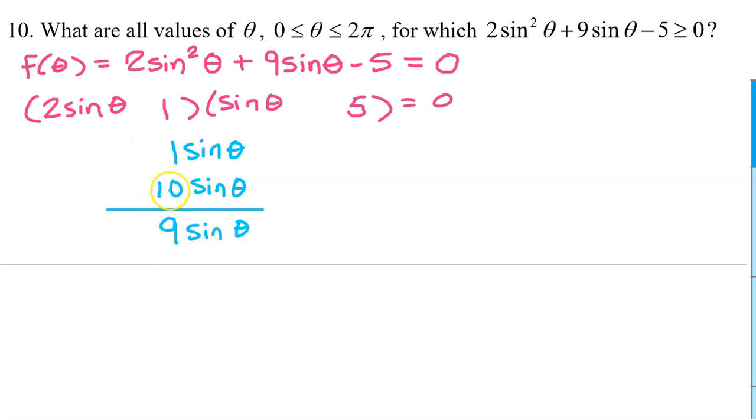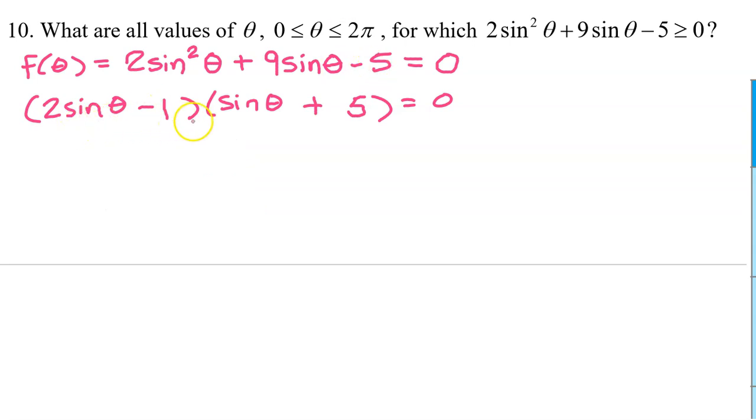We control the signs, so if we let the inner be negative and the outer be positive, that will give us the positive 9 sine theta that we need. That means we need a negative here and a positive here. Also, notice that negative 1 times positive 5 does give us the negative 5 constant.